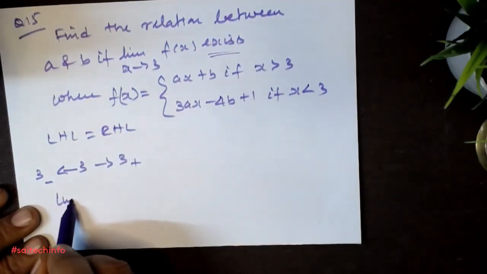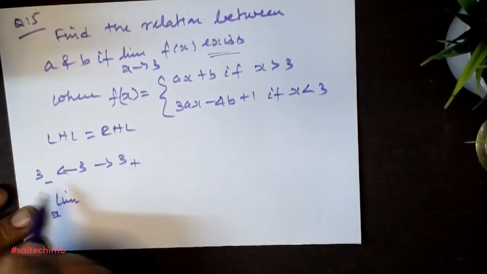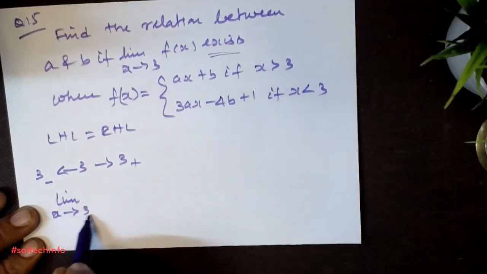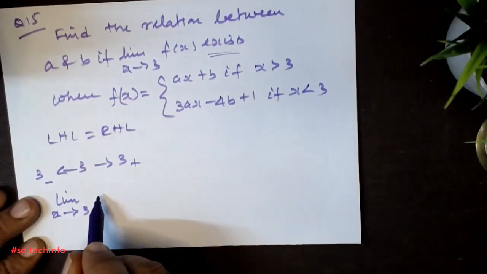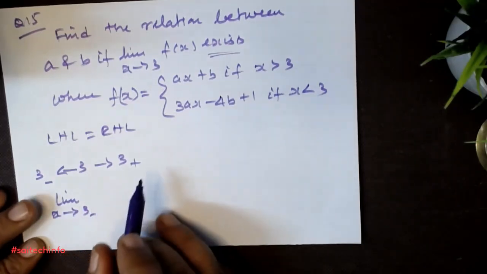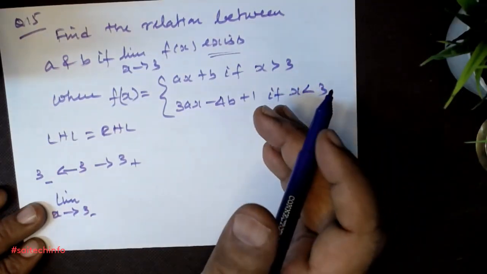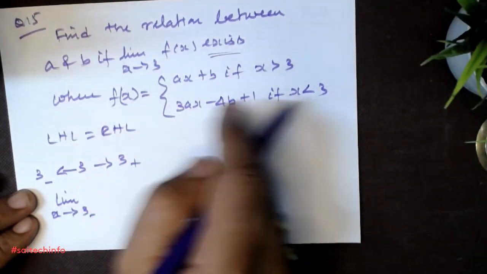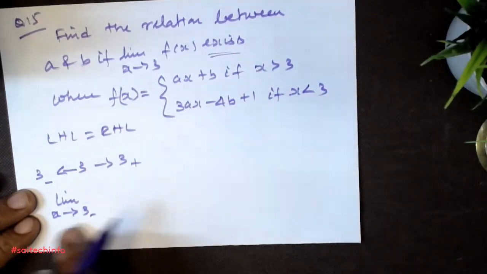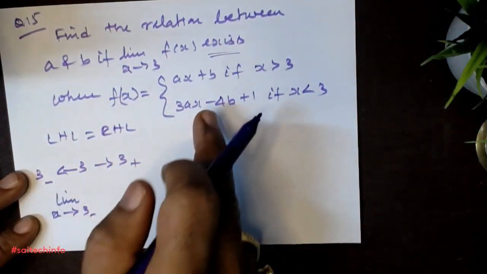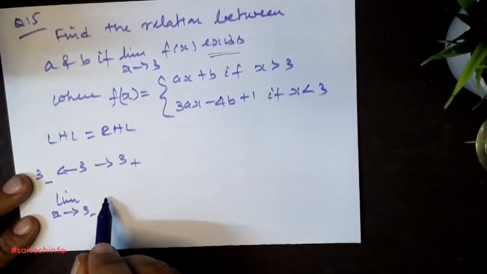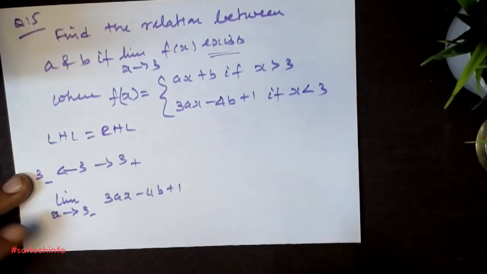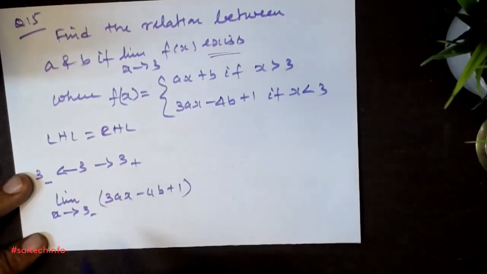Now we can put limit x approaches 3 minus of, that is minus of means less than 3, so you have to take this function because it is less than 3, is it not? So 3ax minus 4b plus 1. Got this point? Okay.